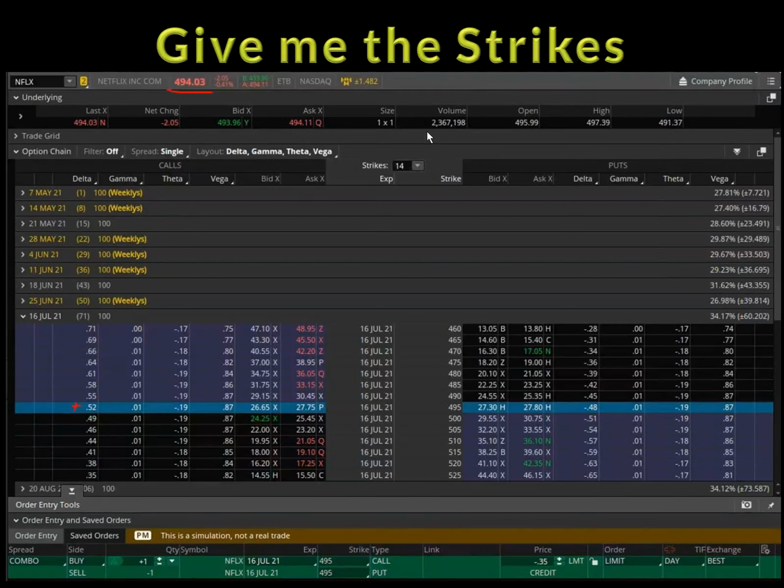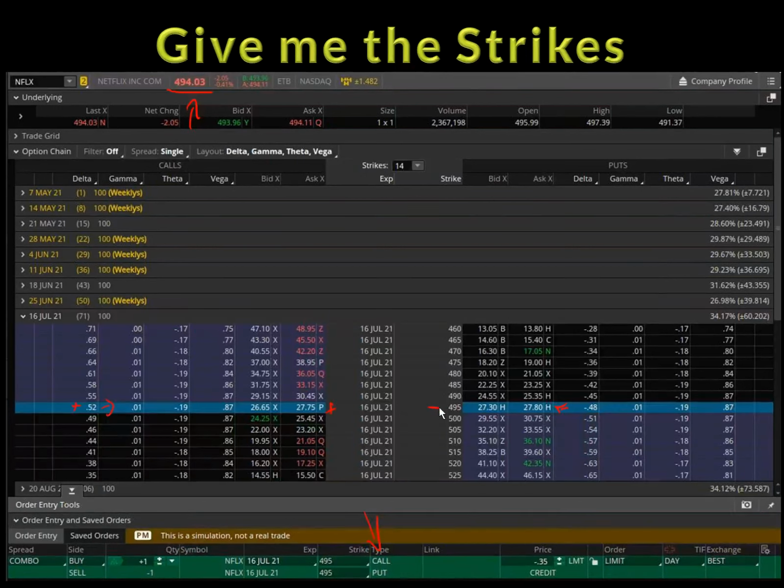This underlying from the point of inception goes up by $1. My strategy will increase by $1. Because if it goes up by $1, these increase by 52 cents, and these go down by 48 cents.